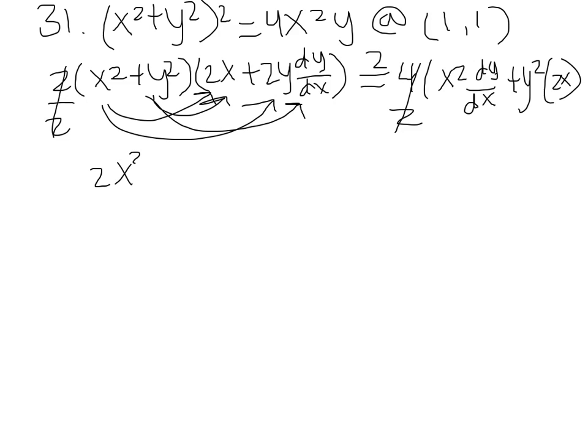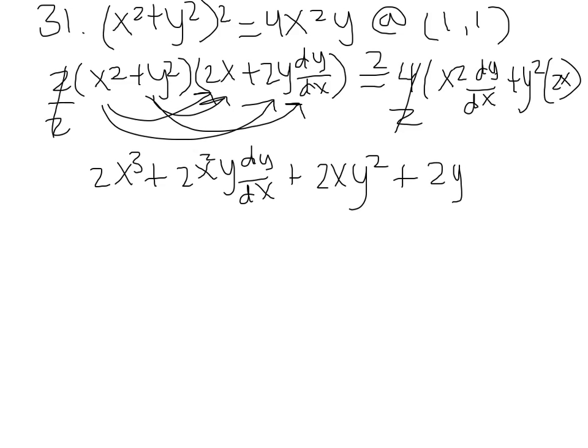And then we're going to get a 2x cubed plus 2x squared y dy/dx plus 2xy squared. And that's going to add another term from the FOIL, a 2y cubed dy/dx.